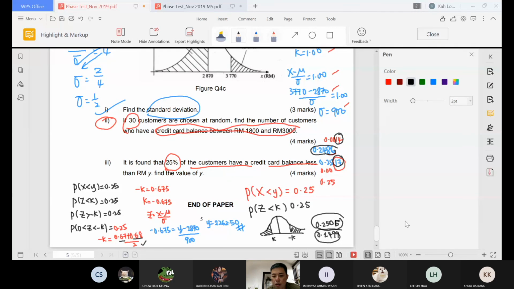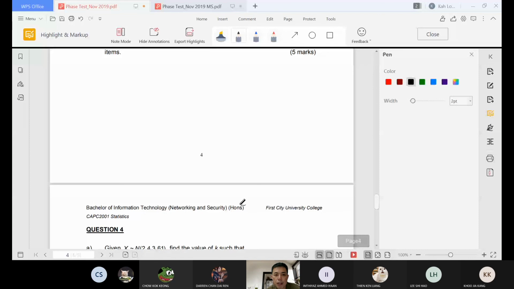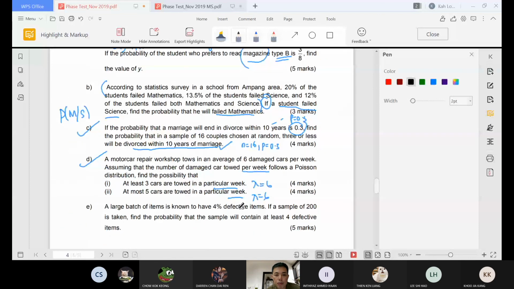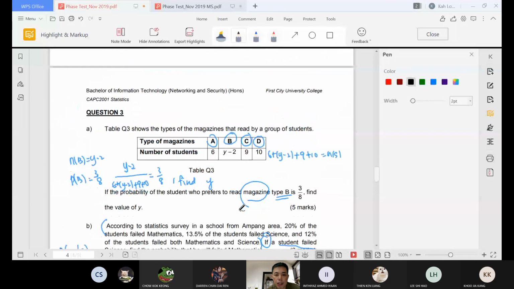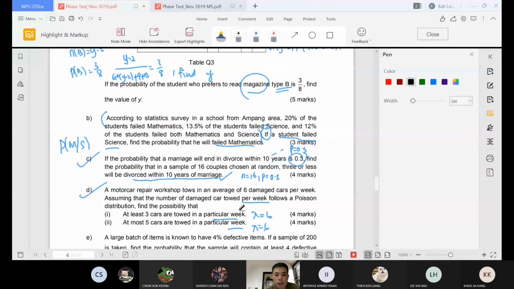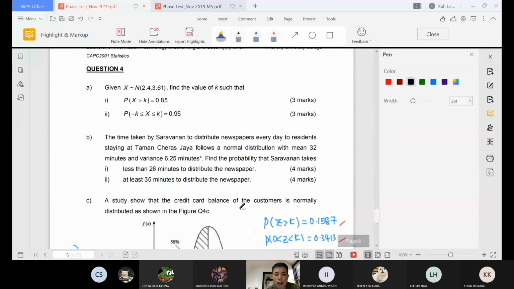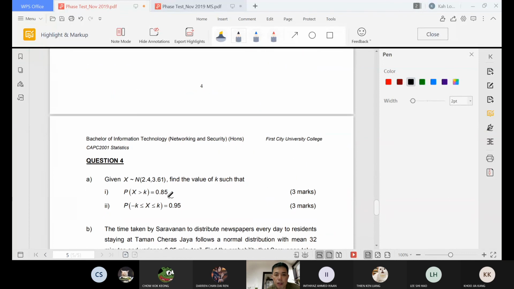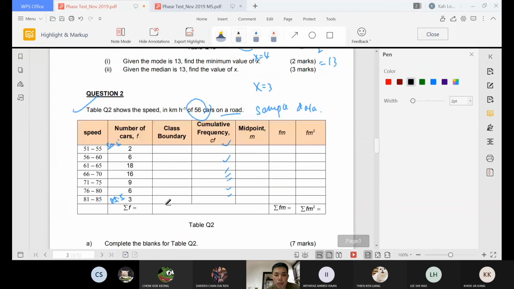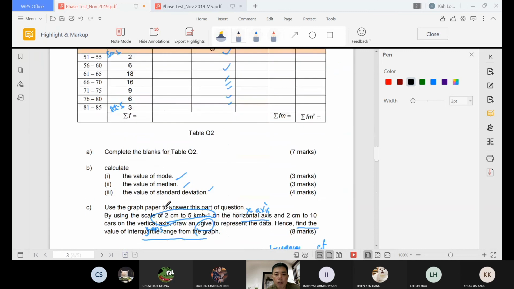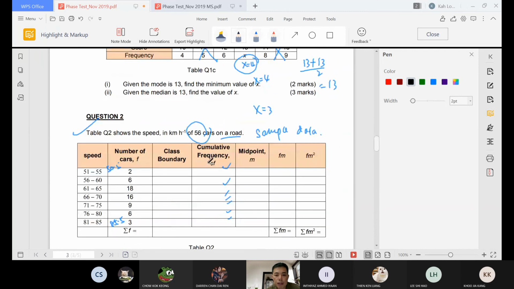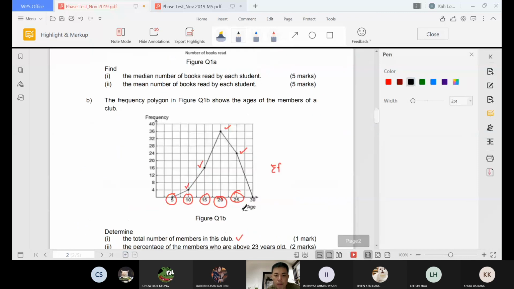Okay, so I think we have done the discussion on the phase test itself. Remember, question 3 will be the mixture of probability, binomial, Poisson, and maybe binomial to Poisson. Then question 4 entirely will be the normal distribution. So follow this structure again. For your new exam, question 2 maybe becomes question 1 already.